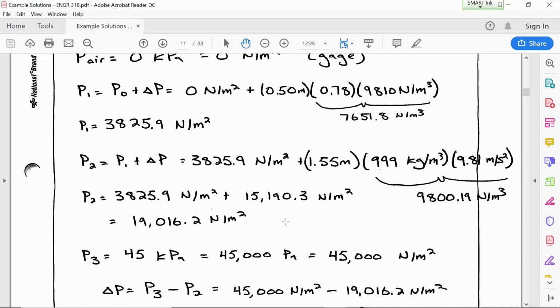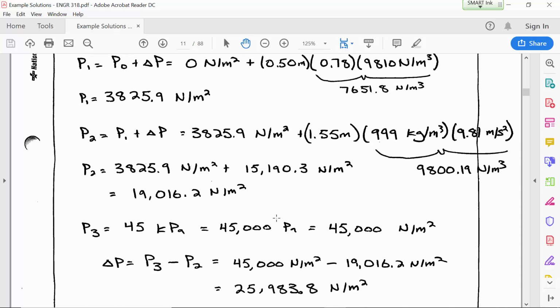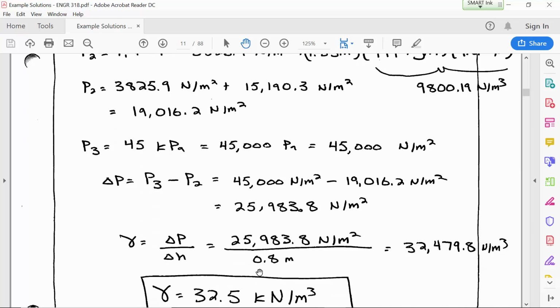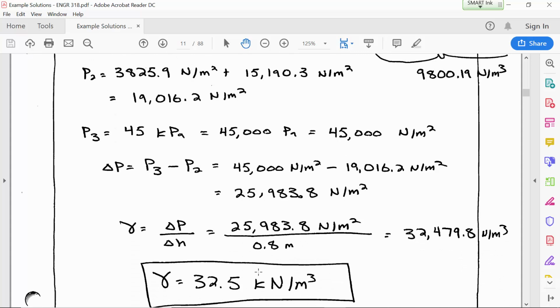And so the pressure we have to calculate through just the subtraction between the given P3 and the P2 that we've calculated through all the previous steps. And so the delta P between those 2 points is 25,983. And now we rearrange the hydrostatic equation to solve for gamma, because normally we'd say delta P is the unit weight gamma times delta H.